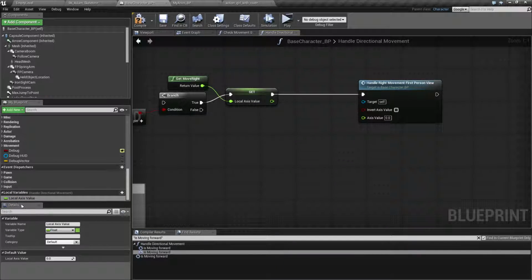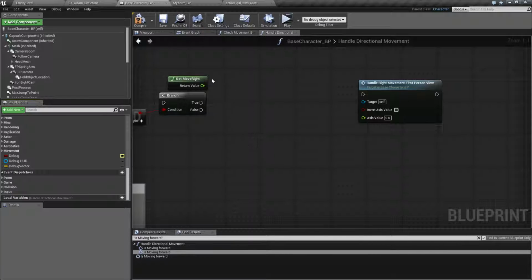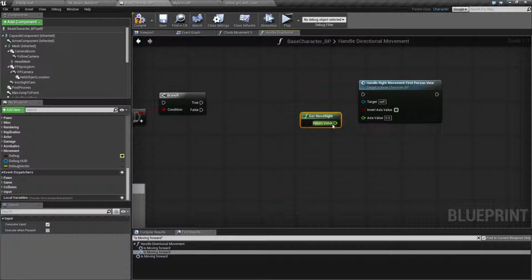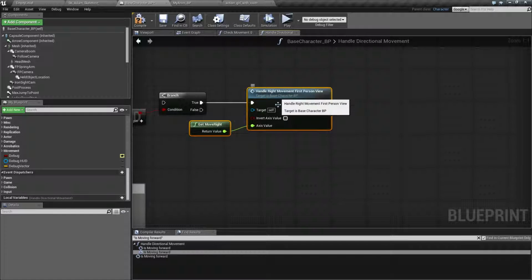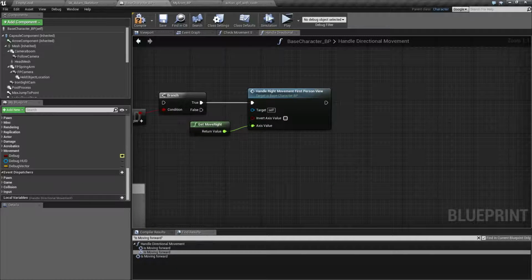No, I don't need. Okay, let's ditch this local variable. I don't think I really need this one. Just gonna delete this one. Because in this situation we're just gonna go in here and use it as it is here.